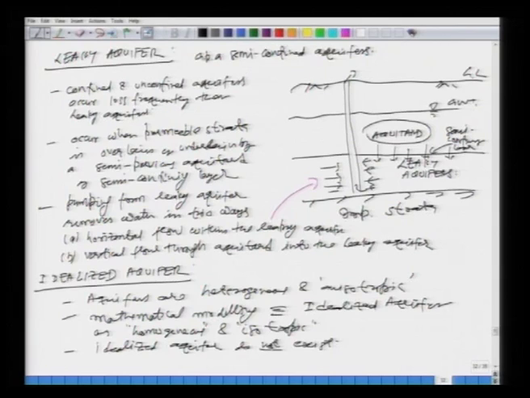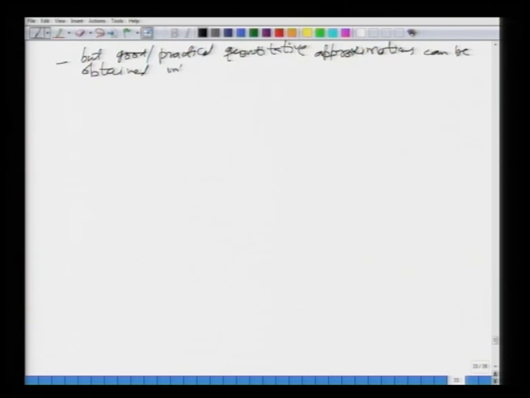However, good or practical quantitative approximations can be obtained under such assumptions.